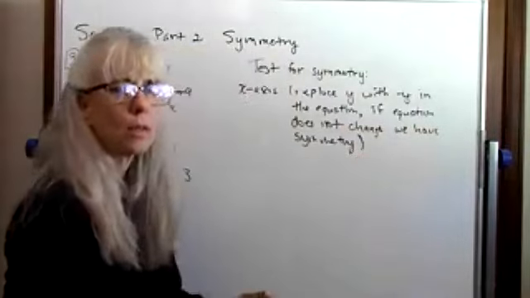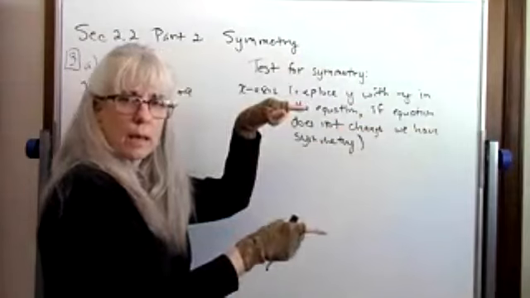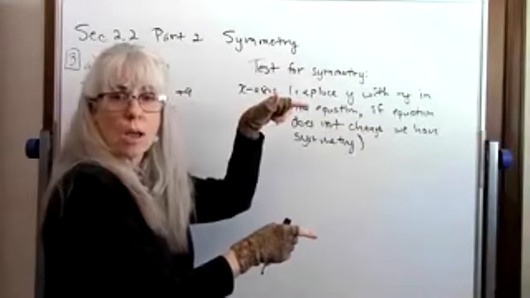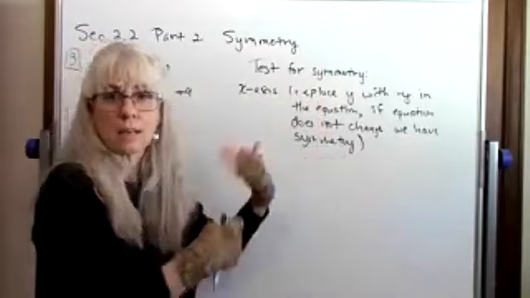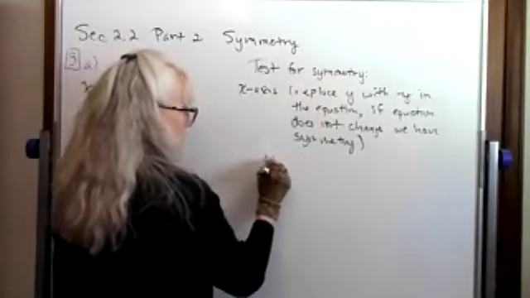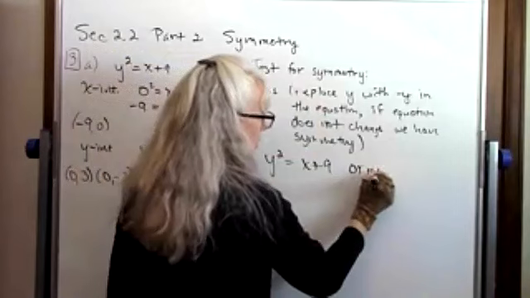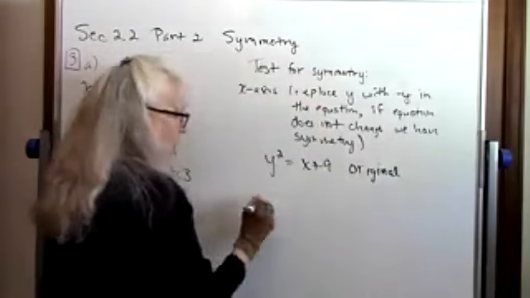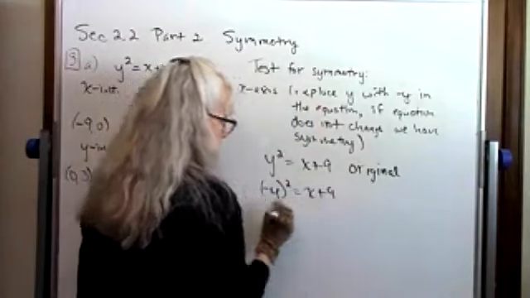If I take y and replace it with a negative y, and there's no change in the equation, that means that it can fold across the x-axis and have symmetry to the x-axis. So we're going to take our equation, here's the original, y squared is equal to x plus 9. We're going to take that y and put a negative y in its spot. So here's the test.